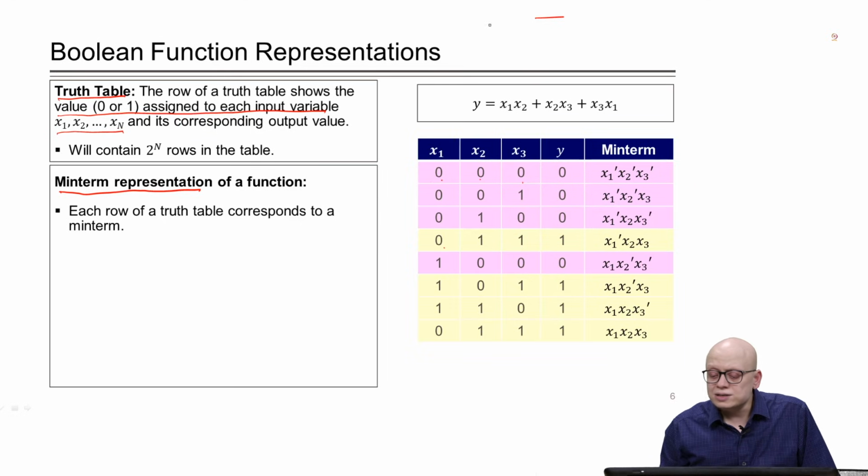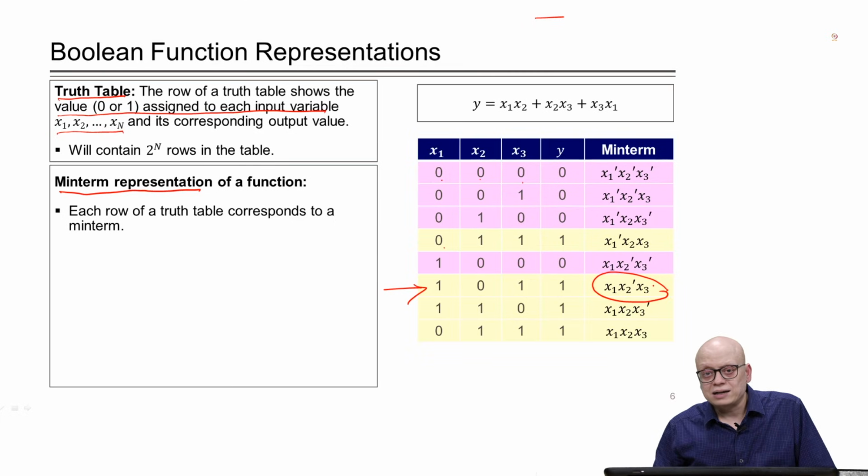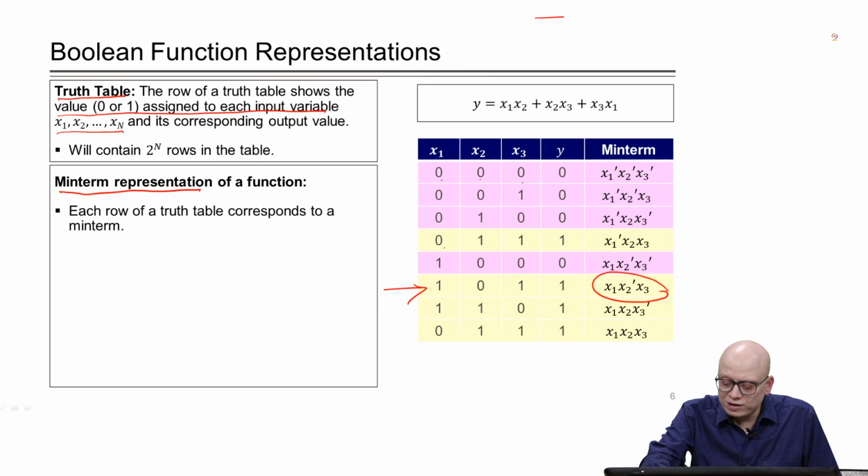For any row, we construct the minterm by taking an uncomplemented value of the variable if it takes the value 1, and its complemented value if it is taking 0.